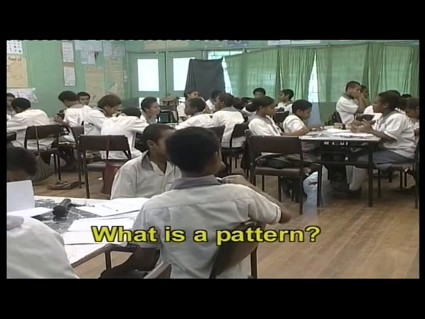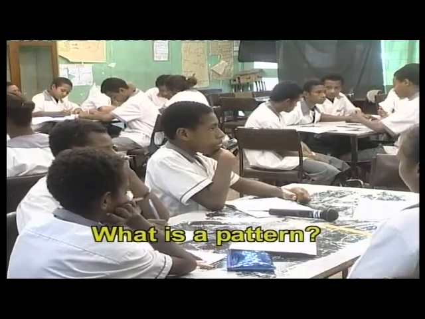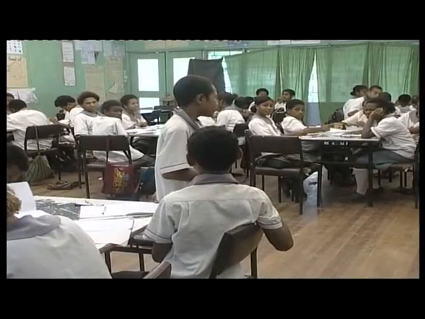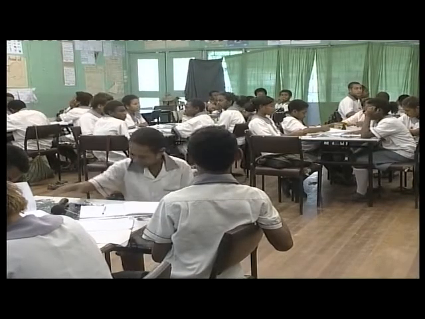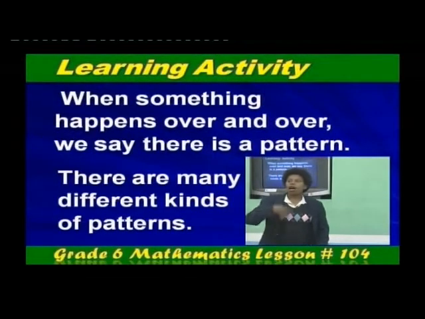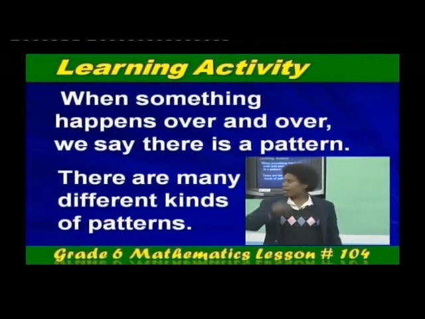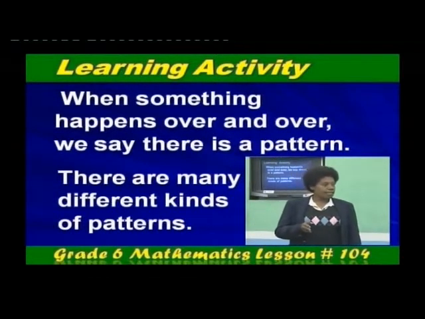Okay, let's have Robert. When something happens over and over. Okay, very good, Robert. Robert says when something repeats or happens over and over again. That's a pattern. All right?